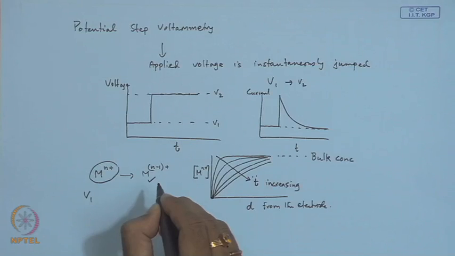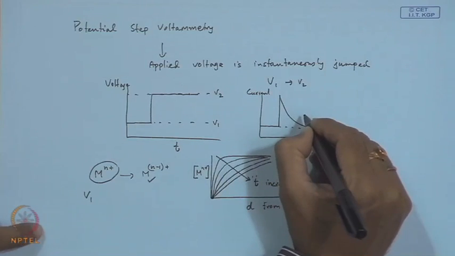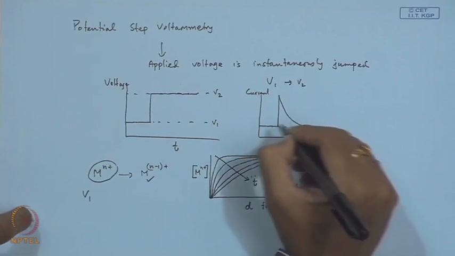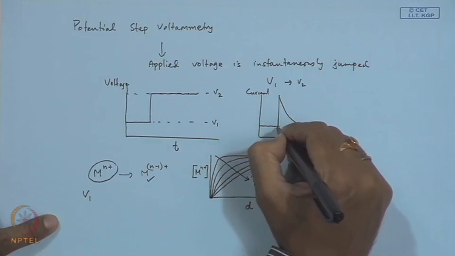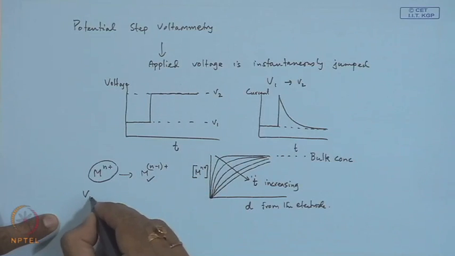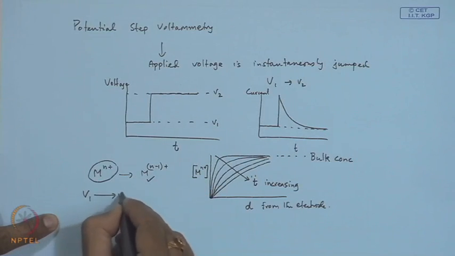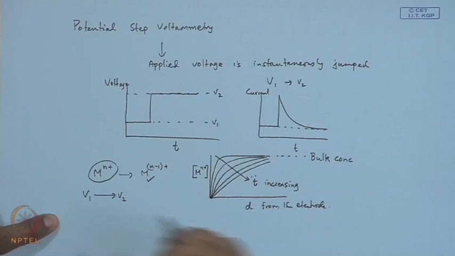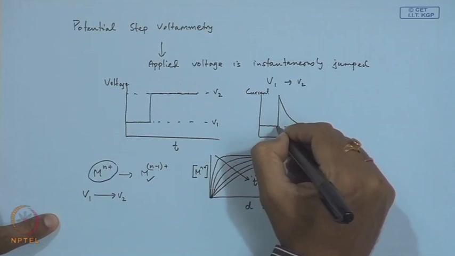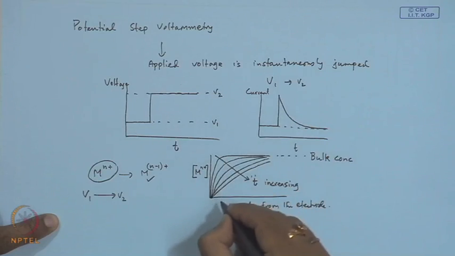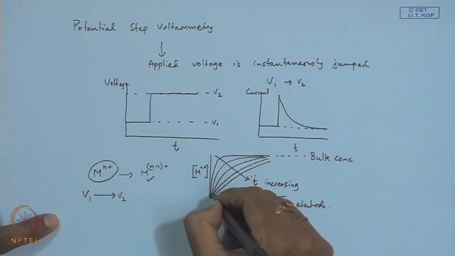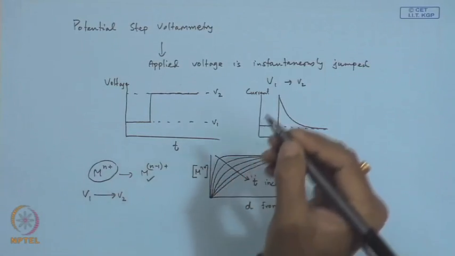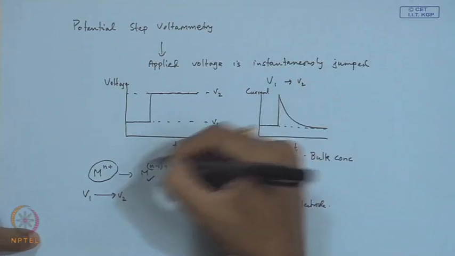So, this is the corresponding current response. Since you change voltage from V1 to V2, when the time is very small, there is a huge change in concentration due to this reduction.